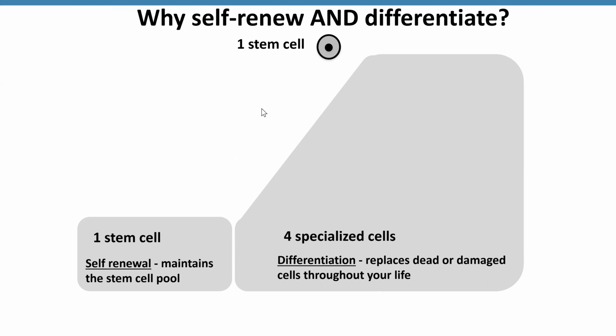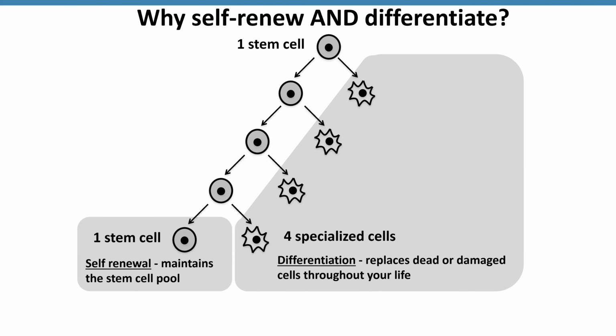Right? So why do we need those stem cells to self-renew and differentiate? Here we start with one stem cell. It divides and produces another stem cell and a differentiated cell, a cell that became maybe your neuron. It doesn't need to happen during the same division. Stem cells can divide and produce 2 stem cells, then they can divide and produce 2 specialized cells.